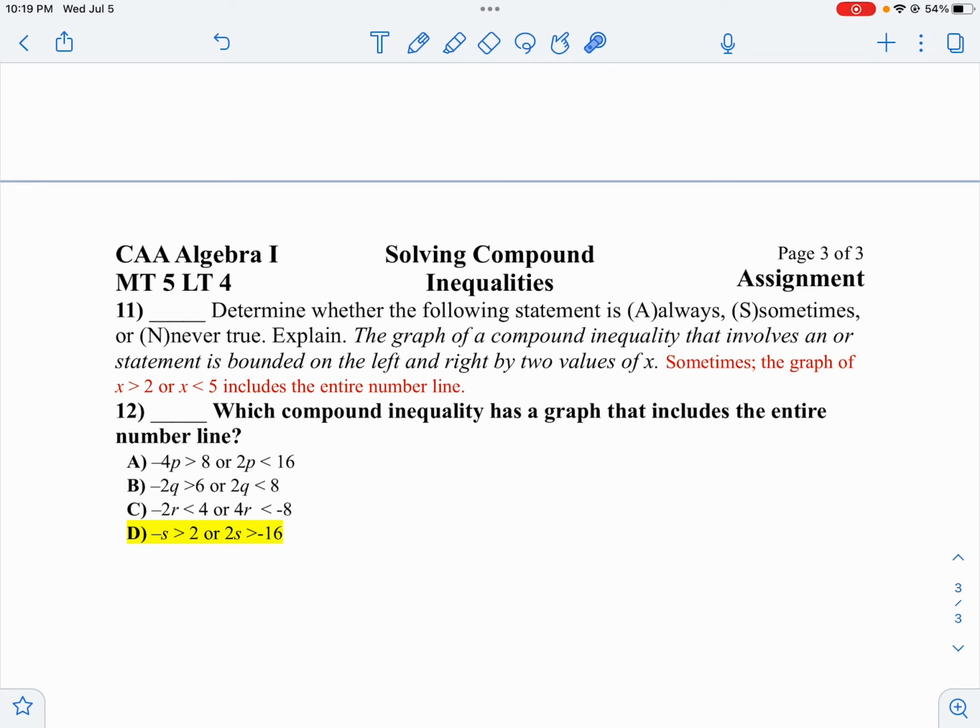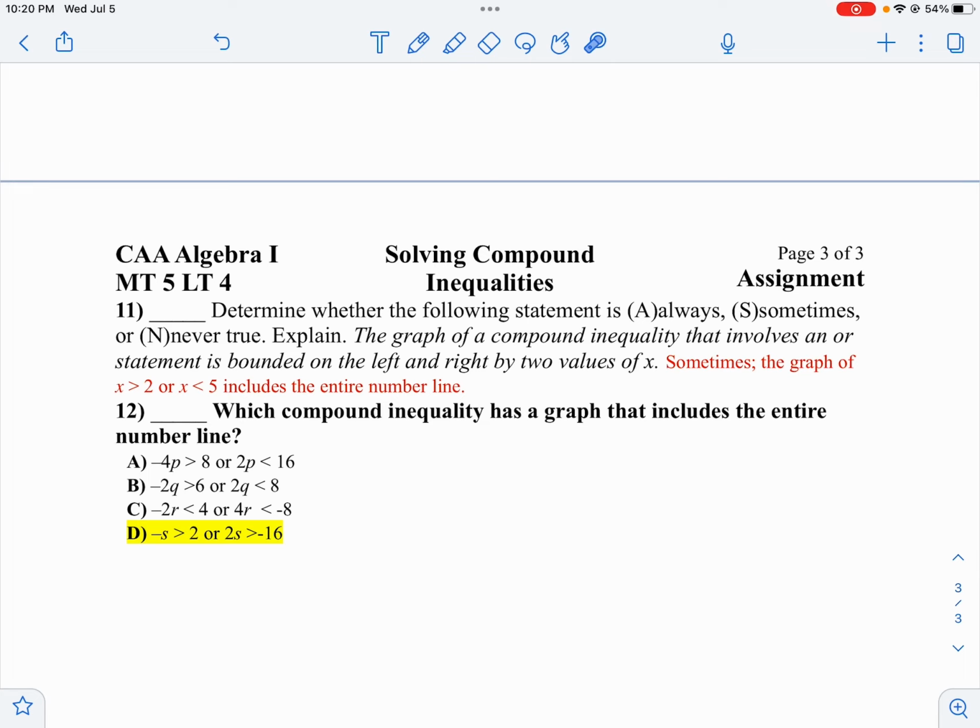But either way, with an and, if they overlap, you could have infinite solutions, or you could have no solutions, depending how they overlap. With an or statement, I think that's what we're getting at here.